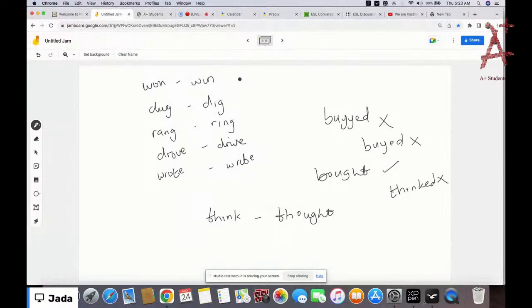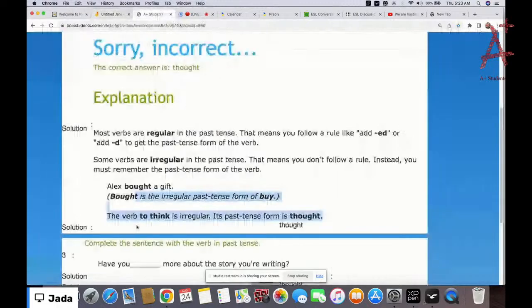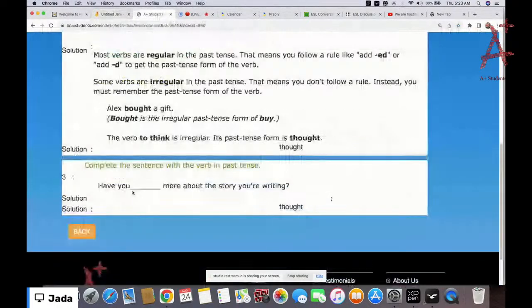All right, so have you thought more about the story you're writing? So thought, past tense, right? Okay. Have you thought about it? So yeah, that's what it is.